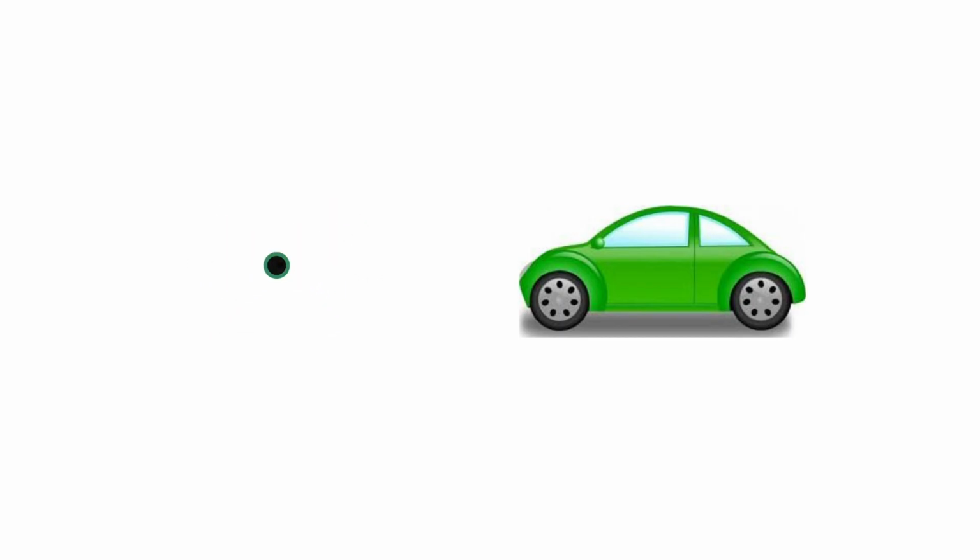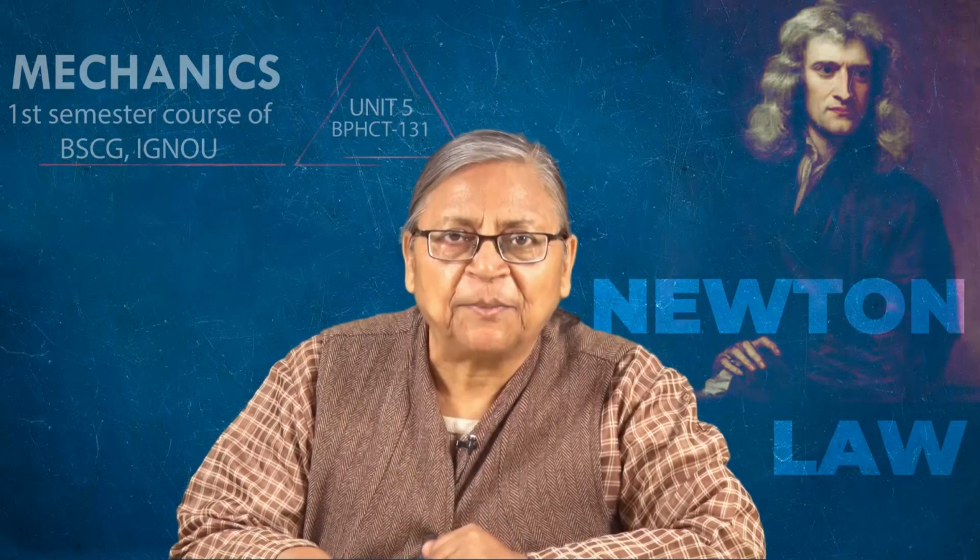So, we neglect the size of an object and treat it as a point particle like this. Instead of the object, we have a point there. Of course, this point is pretty big. You can draw smaller points. You know what a point is from your mathematics courses.